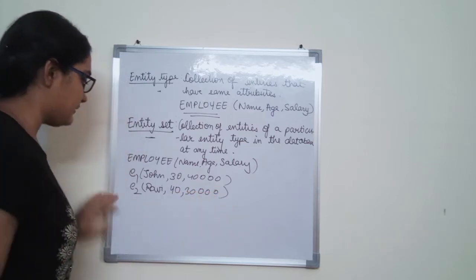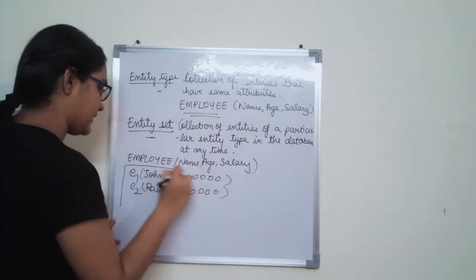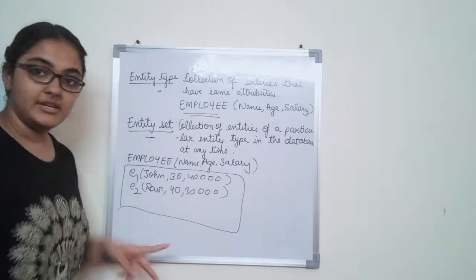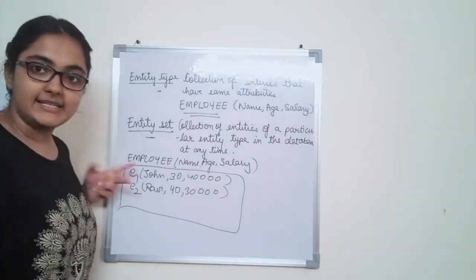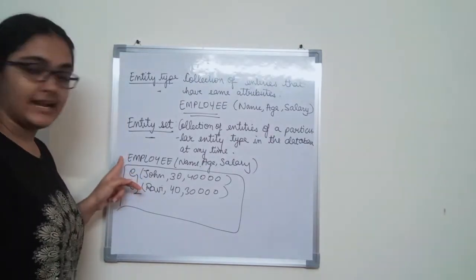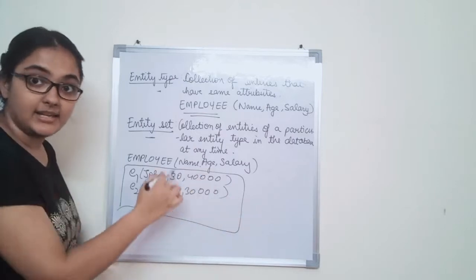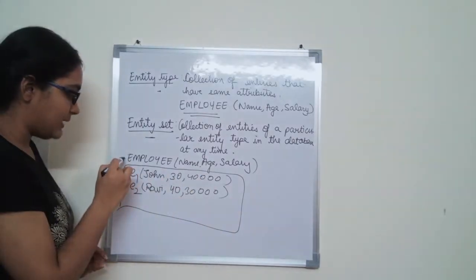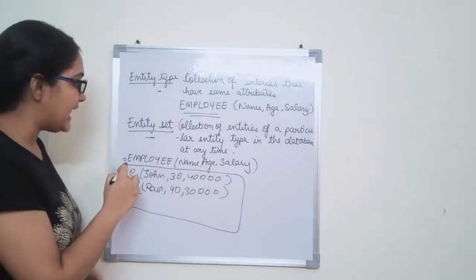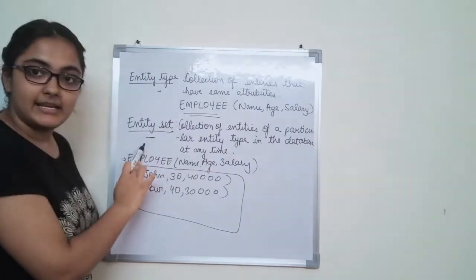That is pretty much the information that is present in the database at this point of time. So this is called the entity set, and this is called the entity type. Employee is the entity type and this is the entity set. However, the name employee is used to represent both the entity type and entity set.